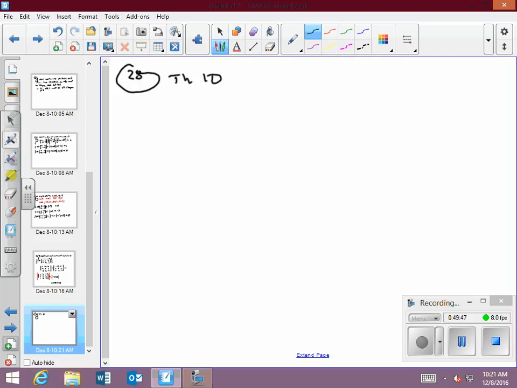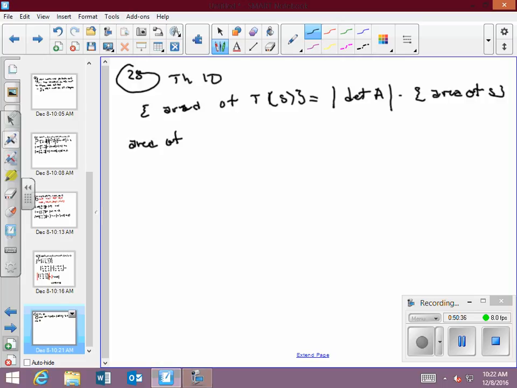And notice that the area of the mapping T of S is equal to the absolute value of the determinant of A times the area of S. So, first of all, the area of S equals the absolute value of the determinant of B1, B2.